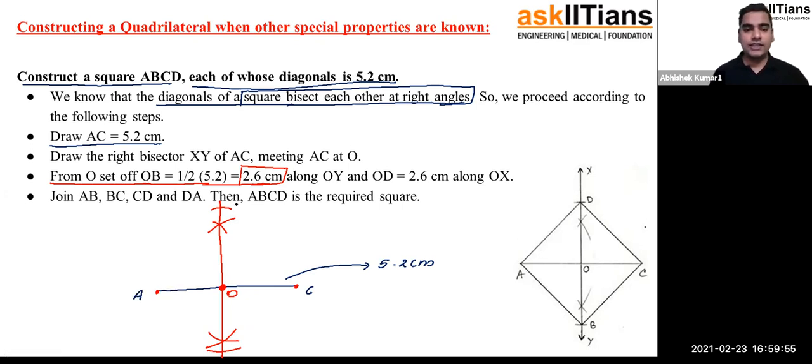Let's say this point is D and that point is B. Now join AD, join BC, join CD, and join AB. If this is done properly, although my square looks different because I am drawing by hand, you will easily get your required square.